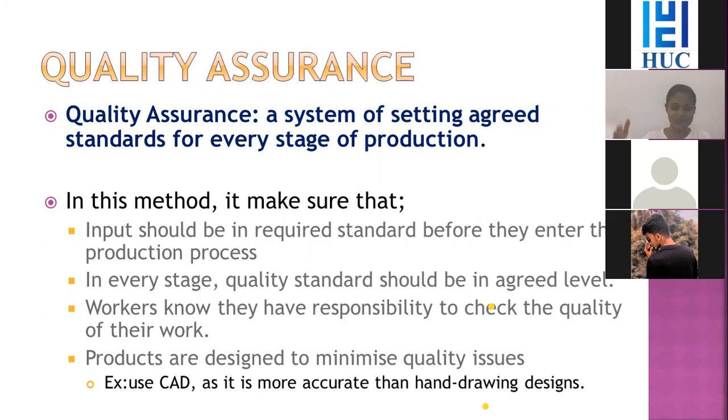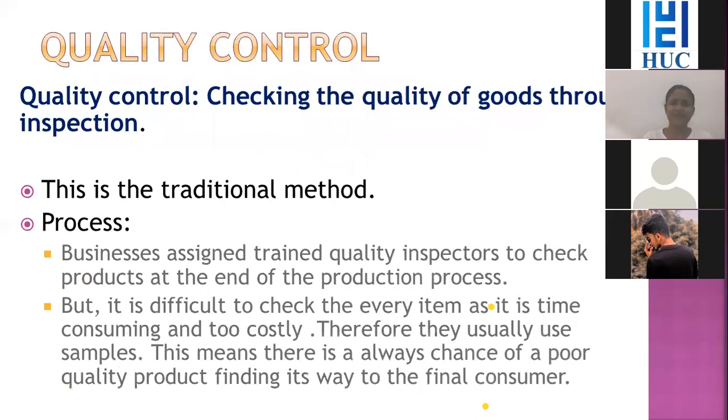The employees who do the production process check, after their work is done, whether it is quality, for example whether there are any damages. They check in the middle of the process. But in quality control, they are not doing that. They only check at the end of the production process. That is the difference.